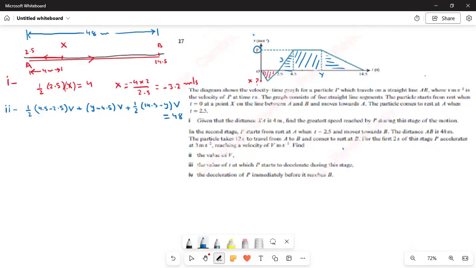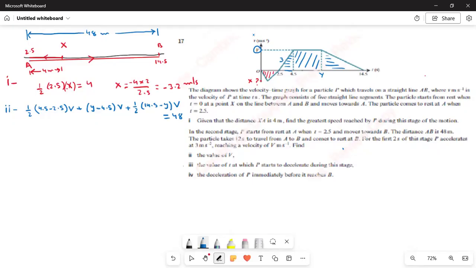Let me double check with my calculation. Okay, sorry. This calculation I had to do in part 3, but for part 2, it's easy.